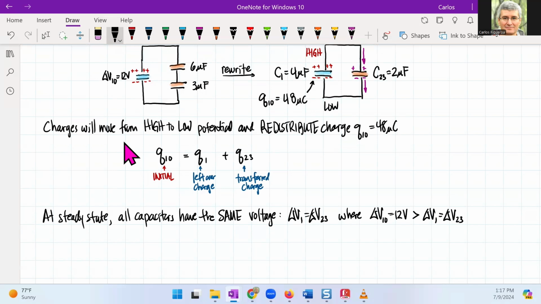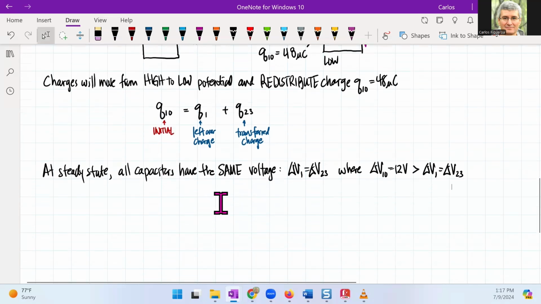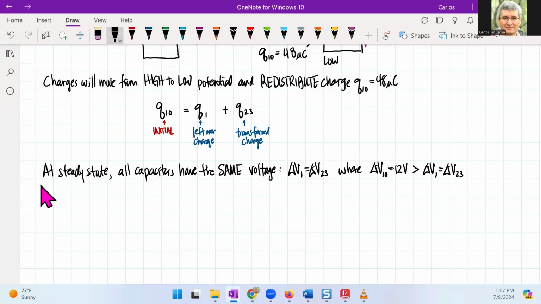So now, let's go look at this thing here. I know about the charge. I know about the voltage. So now, let's put this all together. When this occurs, we start with the initial charge, which we know what it is, and this is going to equal the charge on C1, which equals the charge on C2,3.